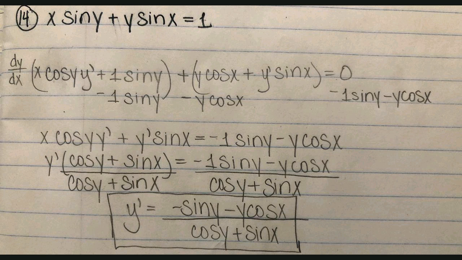And then I moved the terms without the y prime to the other side, and then I got x cosine y prime plus y prime sine x equals negative 1 sine y minus y cosine x. And then I isolated y prime by dividing. So I factored it out and divided on each side, and I got y prime equals negative sine y minus y cosine x over cosine y plus sine x.